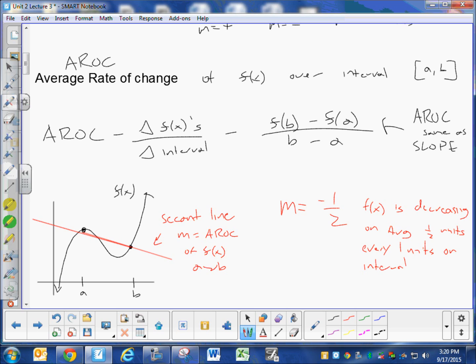Now we can tell that it's not going to be consistently decreasing 1.5 units. We have situations where my function is increasing, going up a little bit, then down quickly, then back up a little bit. We're just saying on average that's what's happening.